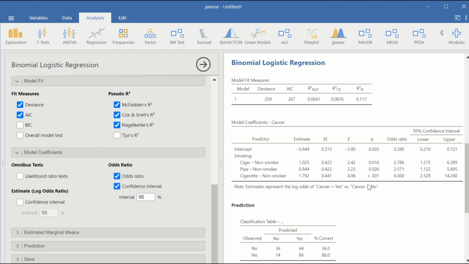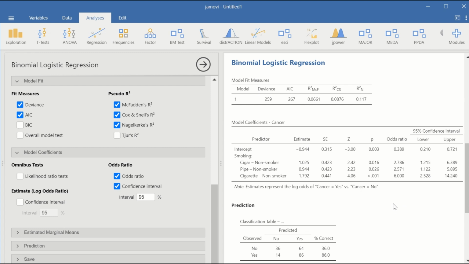Here it is shown that for all the 3 categories, there is a significant association between smoking and developing cancer. And for the 95% confidence interval, all the odds ratios fit within the lower and the upper limit of the confidence interval. So from this table, there is a significant association between the predictor and the outcome.